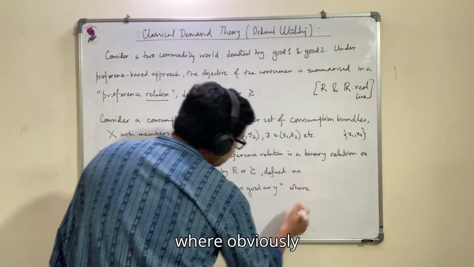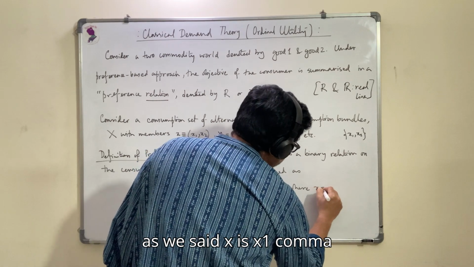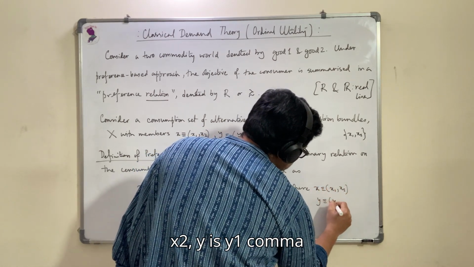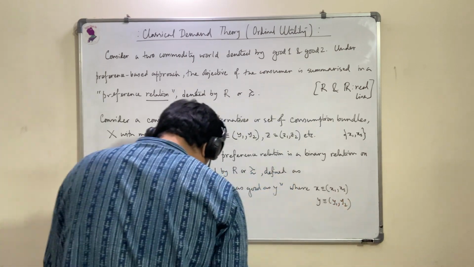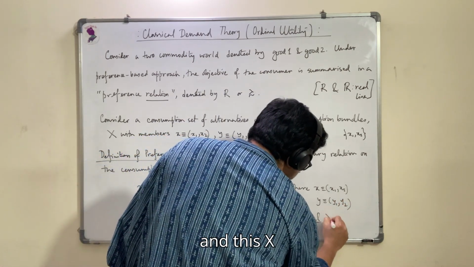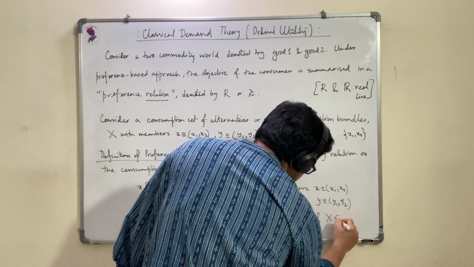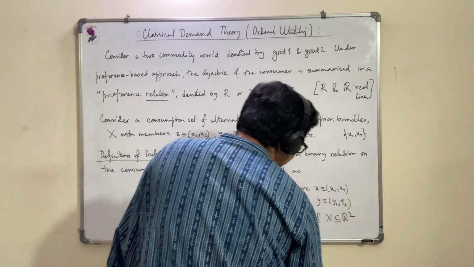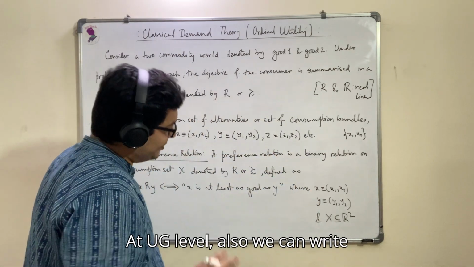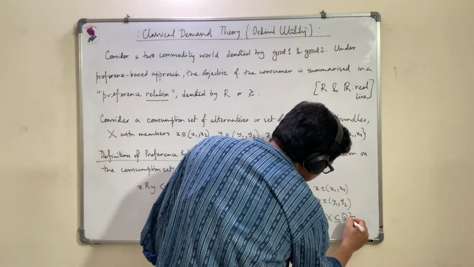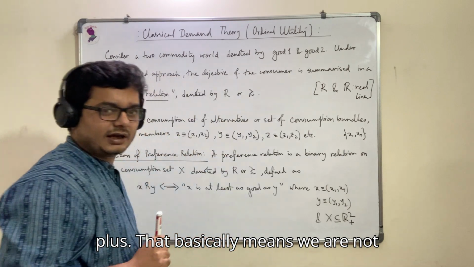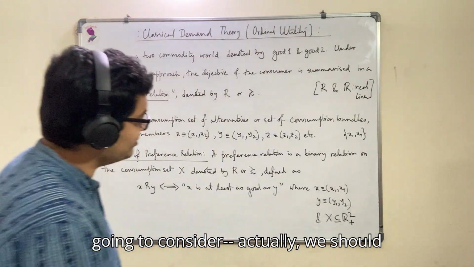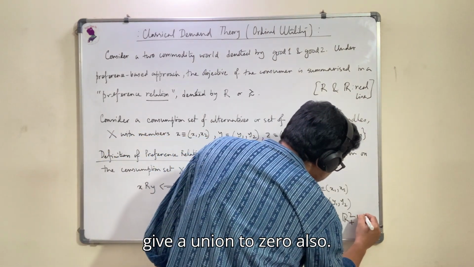where obviously, as we said, X is x1 comma x2, Y is y1 comma y2, and this X belongs to R2. At UG level also we can write plus. That basically means we are not going to consider, actually we should give a union with 0 also.